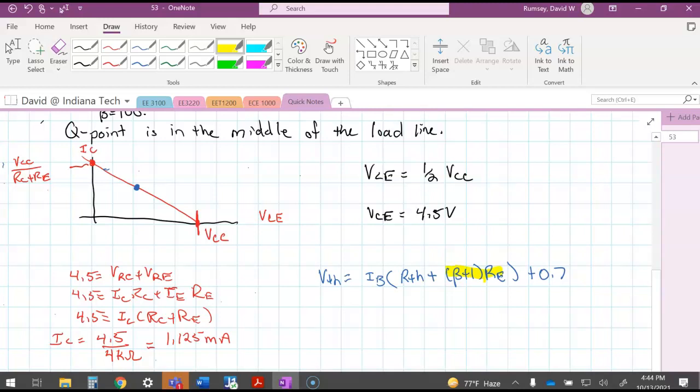And so we can clearly see that in order to compute V Thevenin, I need to know what IB is and what R Thevenin is. Well, IB is easy because we know what IC is. IB is just 1.125 milliamps divided by 100.